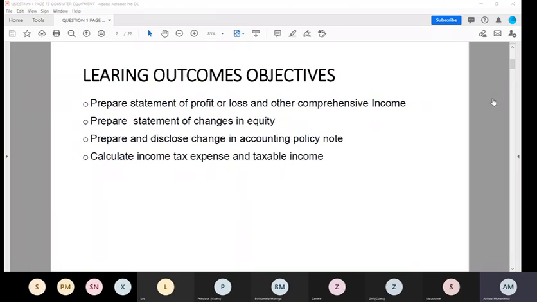You will also be expected to know how to prepare a change in accounting policy note. Lastly, you will be expected to know how to calculate income tax expense and taxable income. The last part should be easy because we dealt with the topic of income taxes in detail. The principles remain the same.